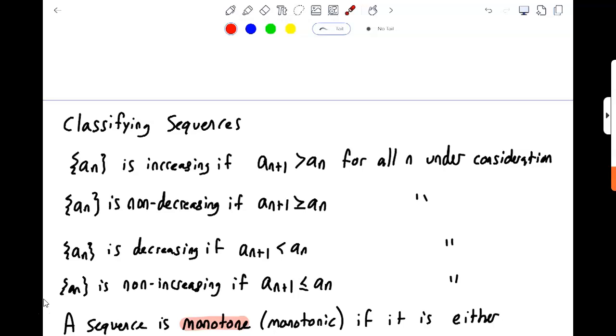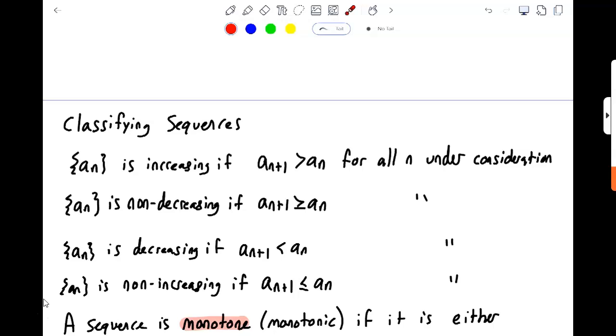So here's the idea. First off, we begin with our first definition. Say a sequence is increasing if, as you progress through the sequence, the terms keep getting bigger, for all the n under consideration. So a sub n plus 1 is greater than a sub n for all n under consideration.